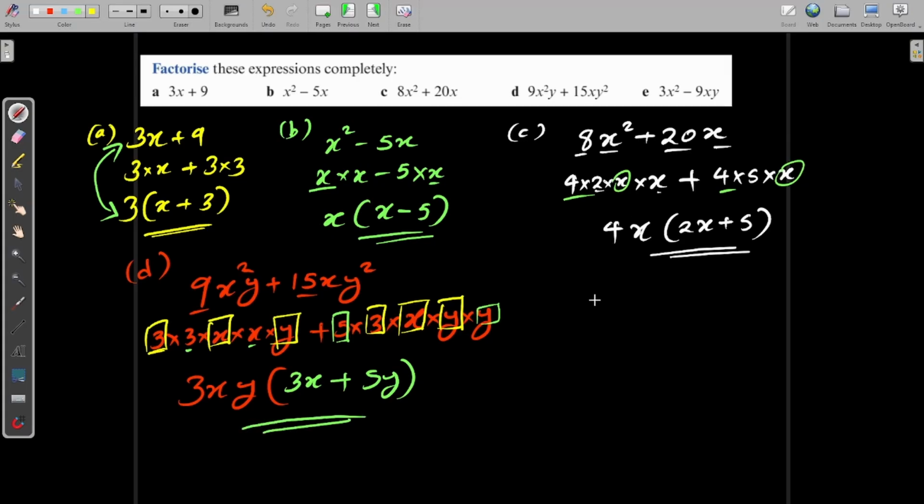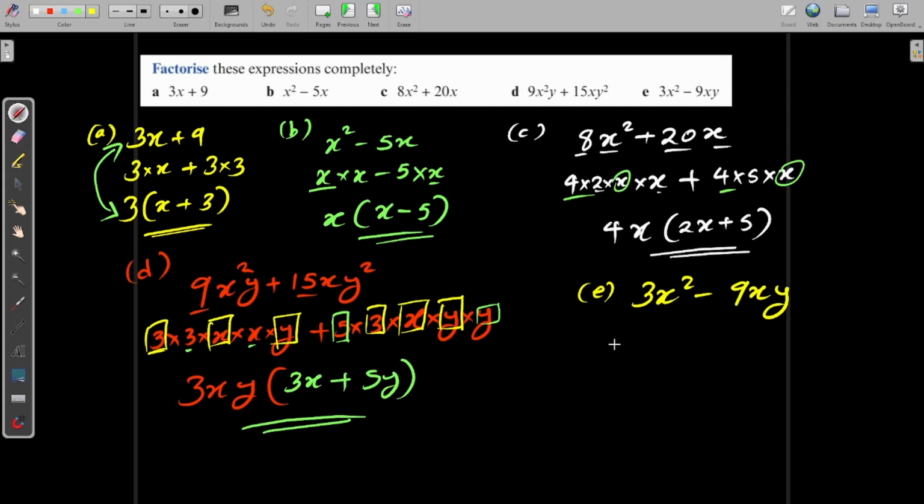Finally, part E, I have 3x to the power 2 minus 9xy. So let me rewrite it again.